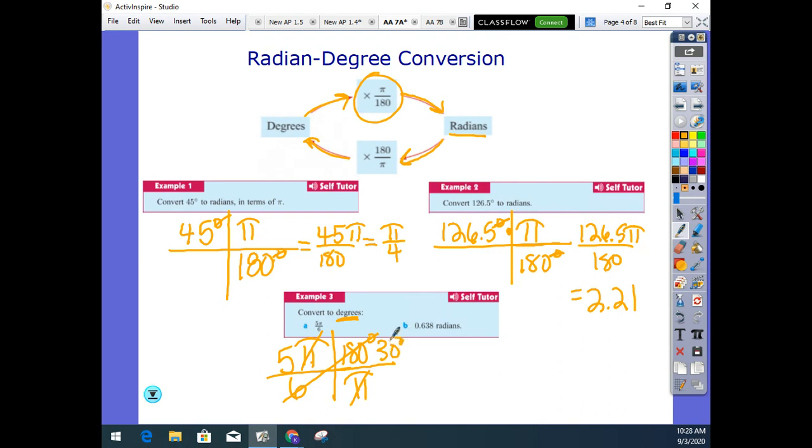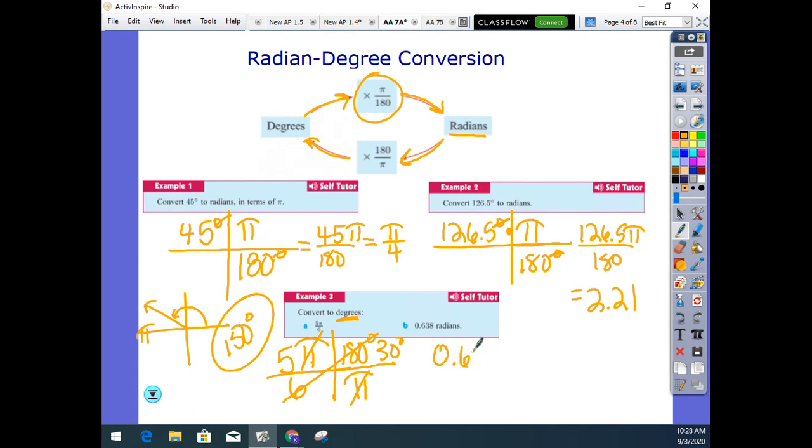We can divide that and get 30 degrees times 5 is 150 degrees. So think about that. If this is a whole pi, 5/6 is somewhere over here. That's 150 degrees also.